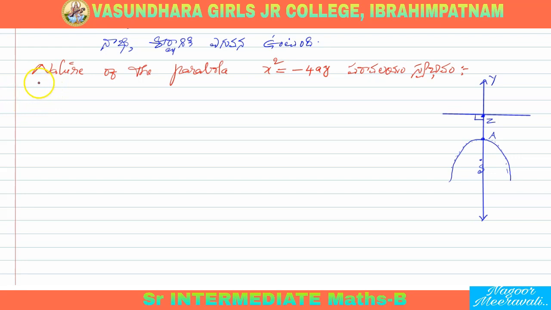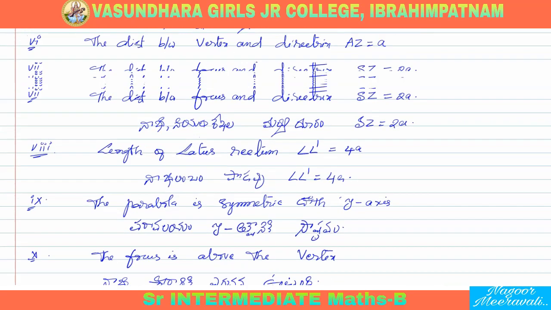Just put the value as minus a in the x square is equal to 4ay parabola.